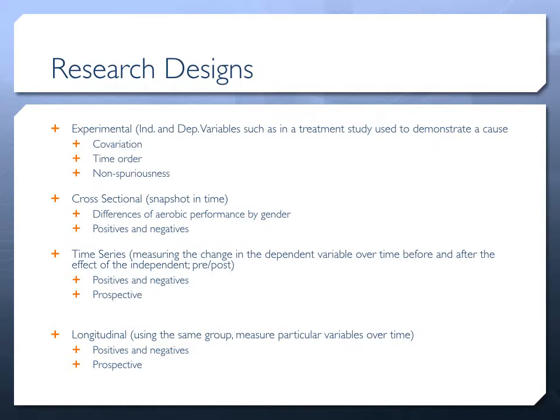A perfect example is the study that is being done by the National Cancer Institutes, which I believe are part of the NIH, the National Institutes of Health, and they're doing a longitudinal study on cancer. They are utilizing all demographics, races, genders, it doesn't matter.